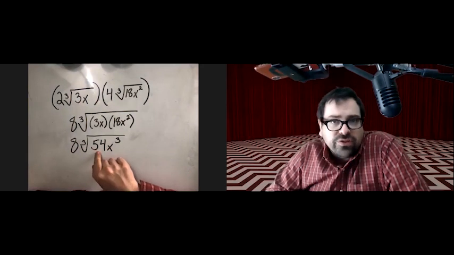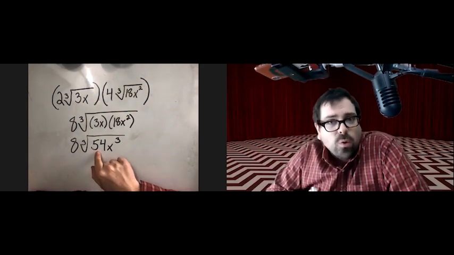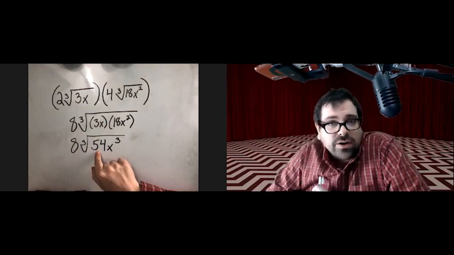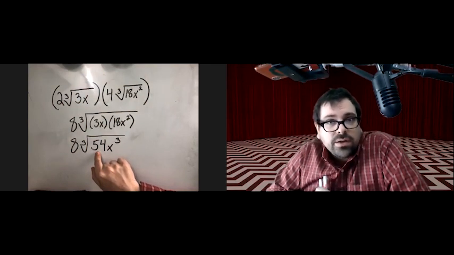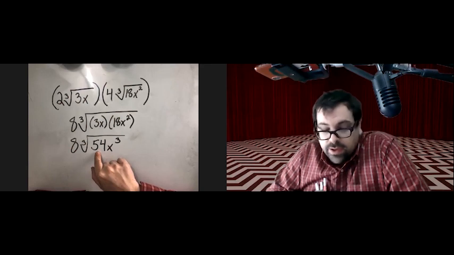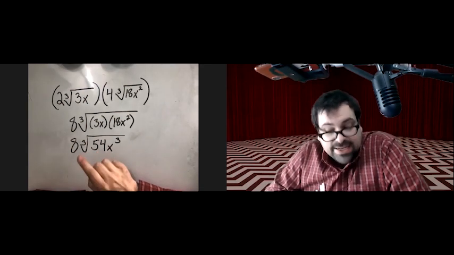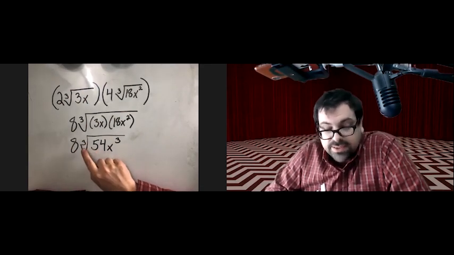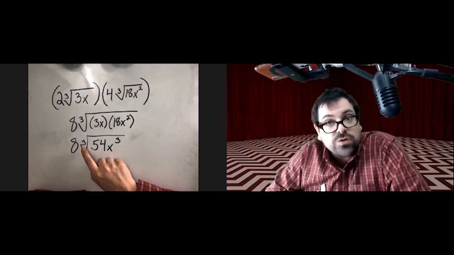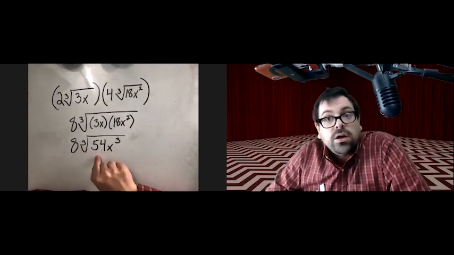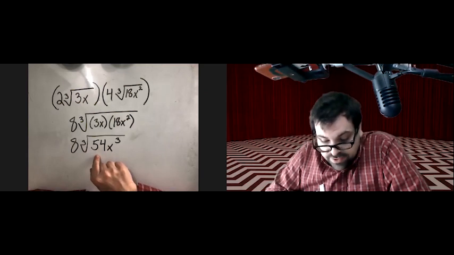Do we look for perfect square factors of 54, like 4, 9, 16, and 25 here? No. If it was a square root, that is exactly what we would do. But this is a cube root, which means we are looking for perfect cube factors.